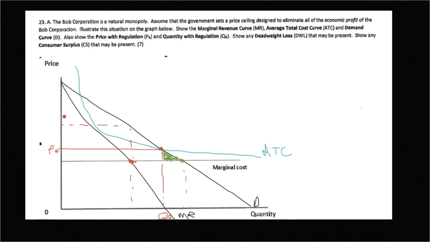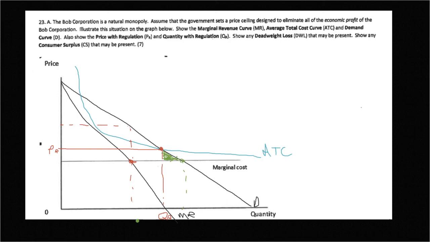If we regulated at this quantity where the green dotted line was, they would shut down because they would be making a loss. But if we put it at this line right here, at this price ceiling, at least they are making a positive accounting profit, and no economic profit, so they would want to stay in business.